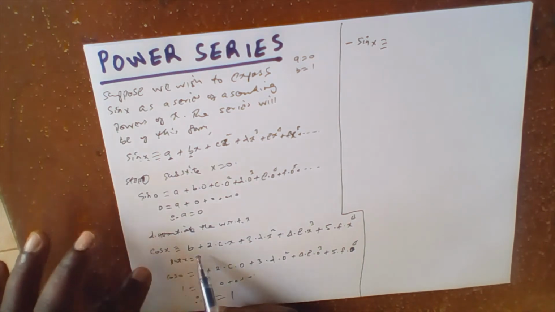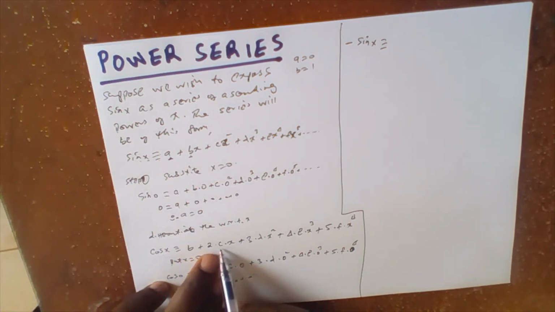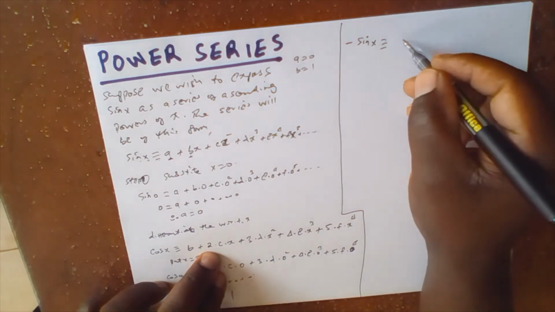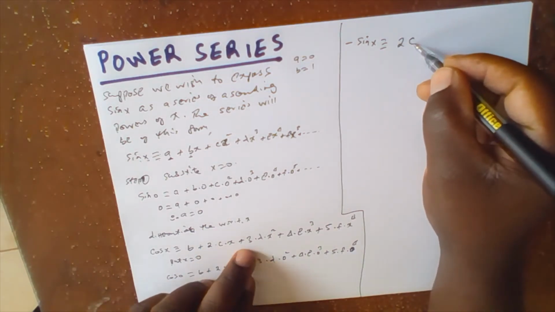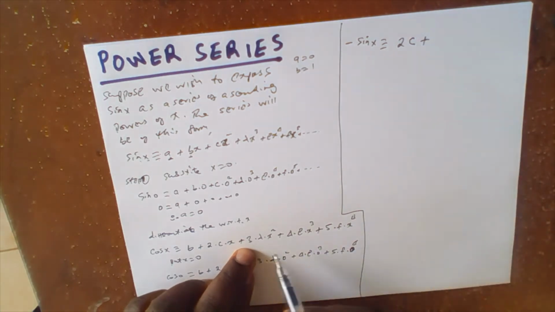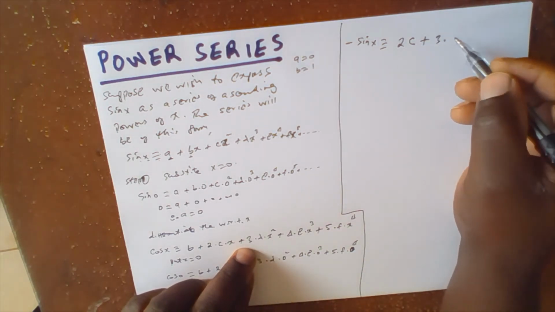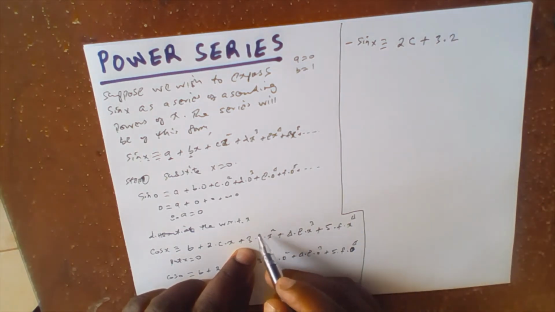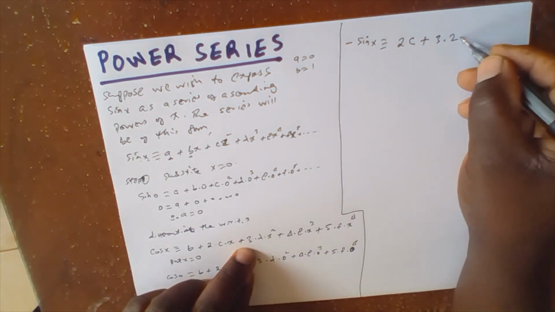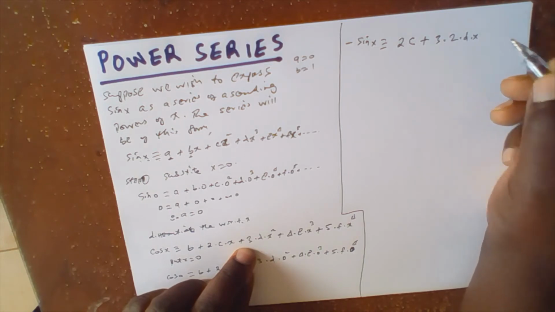When you differentiate b, this will be 0, so we remain with 2c, plus, when you differentiate x squared, 3 times 2 times d times x.